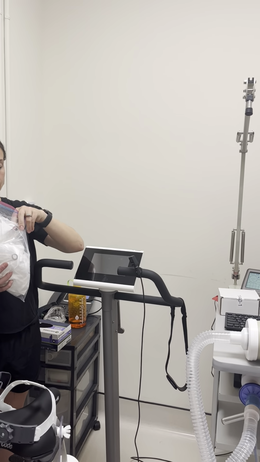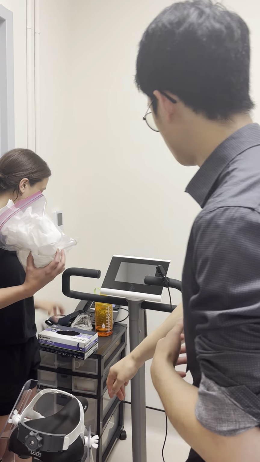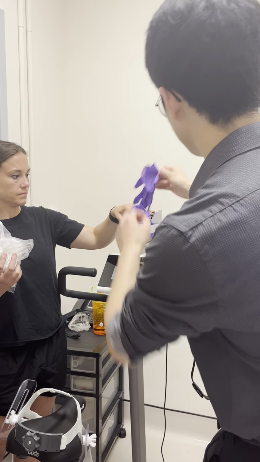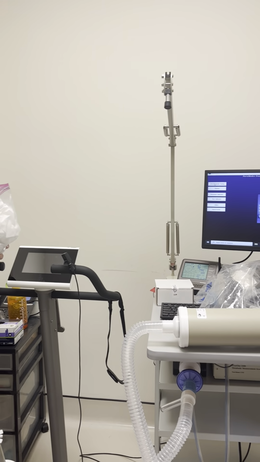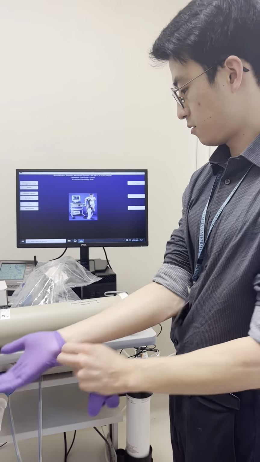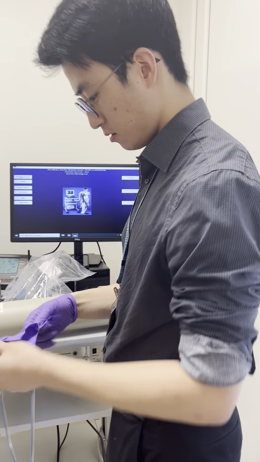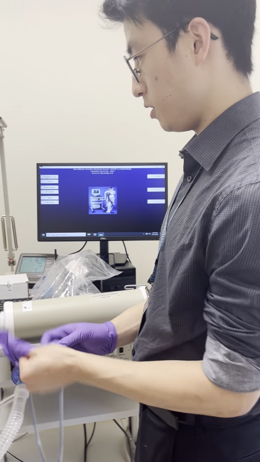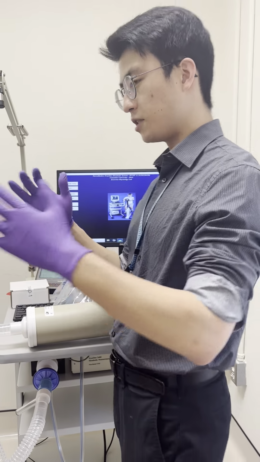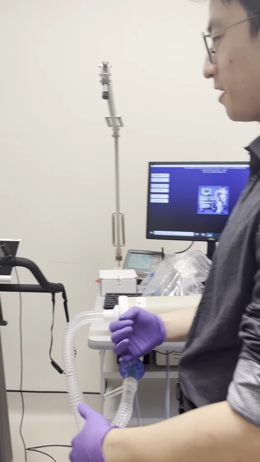Can I get a glove? These are basically all the components that we're going to need, because you don't want to start the test and then realize that you don't have everything you need.